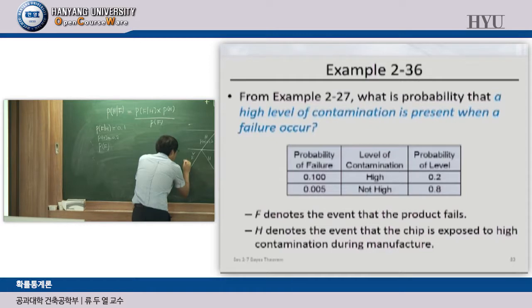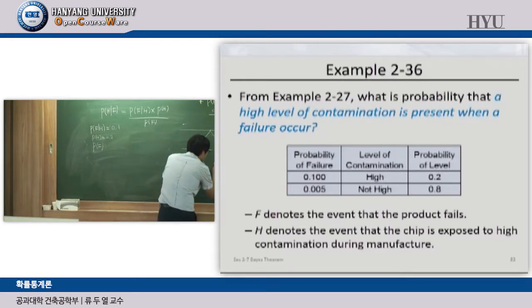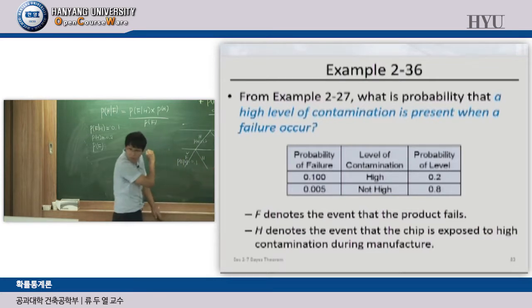So the conditional probability of failure given H equals 0.1. And the conditional probability of F given not high contamination equals 0.005.